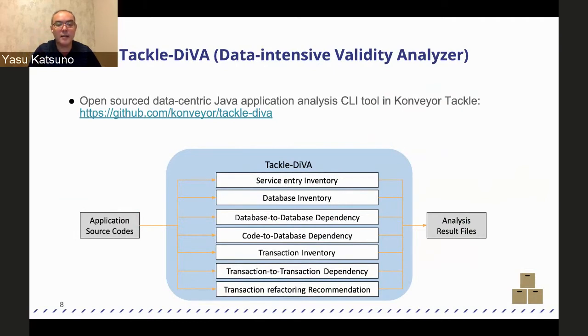Here is Tackle-DiVA's flow, a simple flow. The input is the target application source code. The output is an analysis result file, in JSON and dot file format. Currently, Tackle-DiVA has seven data-centric analysis engines.